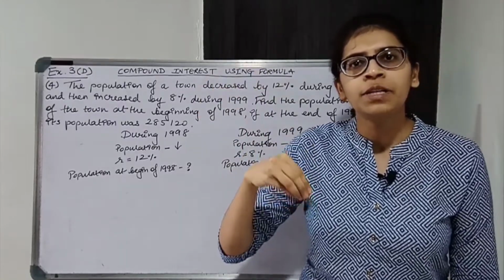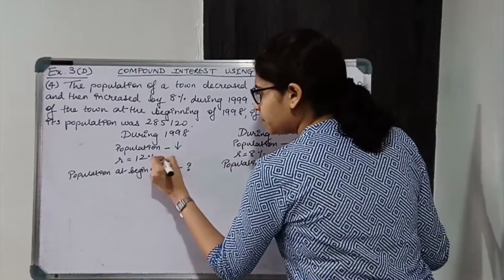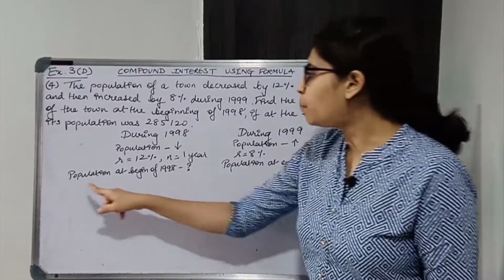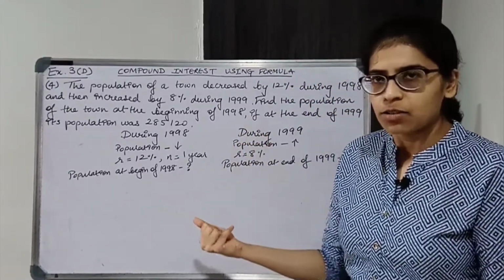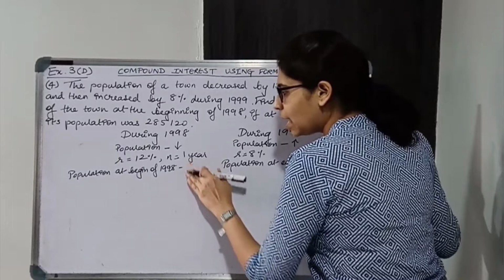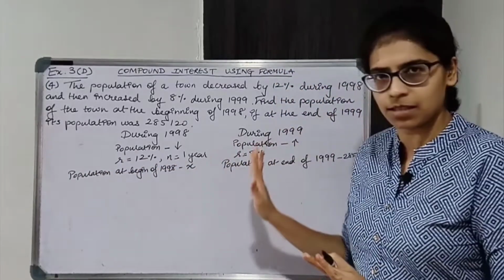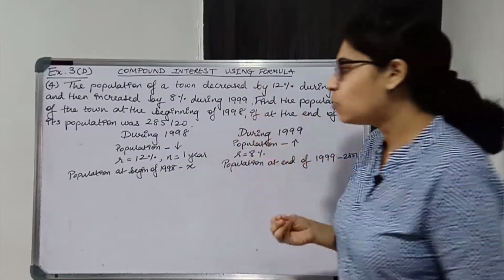So beginning to end means 1 year, n will be 1 year. Population at the beginning of 1998 we don't know, we need to find that. So let us assume it to be x. Now population at end of 1998, let us see what it is.